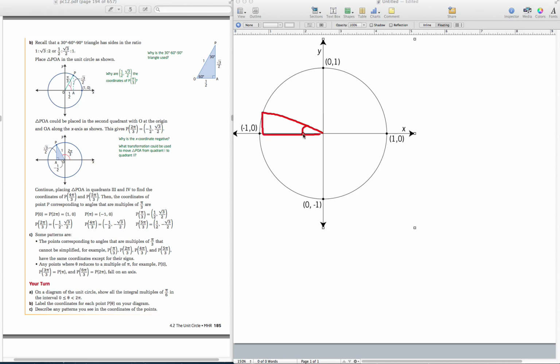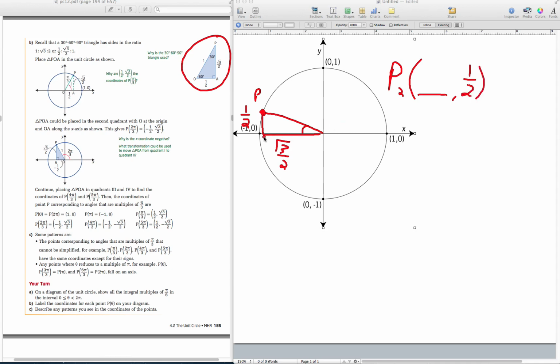So I know this is pi over 6. So last time when we dealt with that, we used this triangle knowledge to figure out that this was root 3 over 2, and then this was a half, and this was point P. So if I'm dealing with this as point P, then I know this y distance is still a half. Okay? So let's just write that down. So for point, let's call this 2, it's going to be something, comma, 1/2.